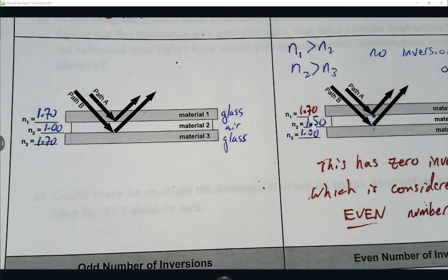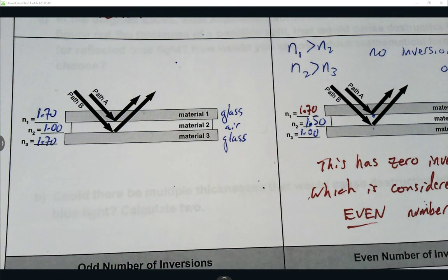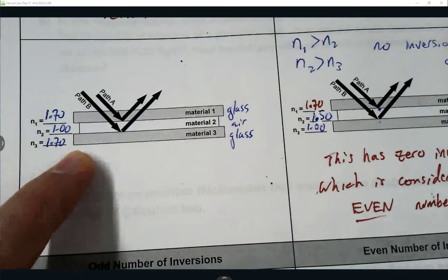But as we look at this, where is the inversion going to happen? At the upper interface of the air or the lower interface of the air? Lower. Yeah, look at this. N3 is greater than N2.